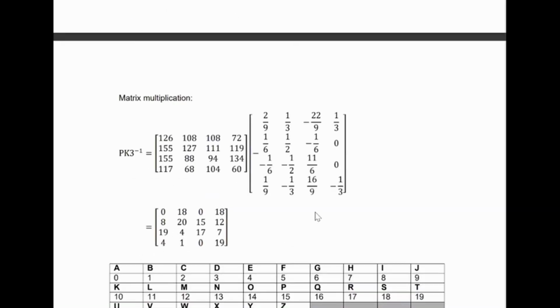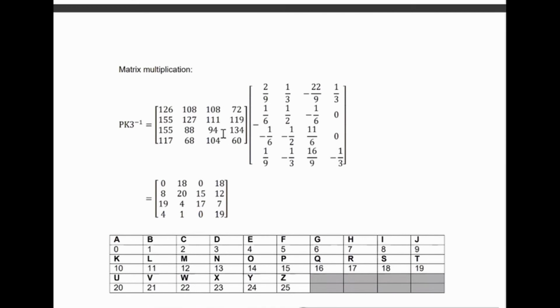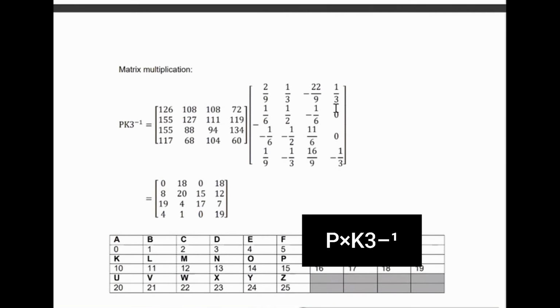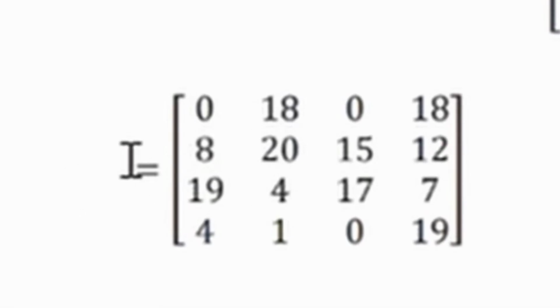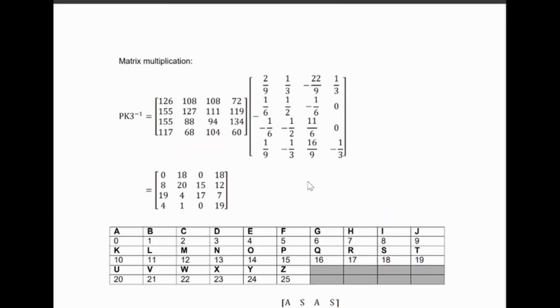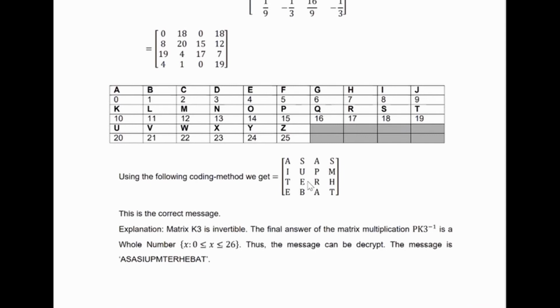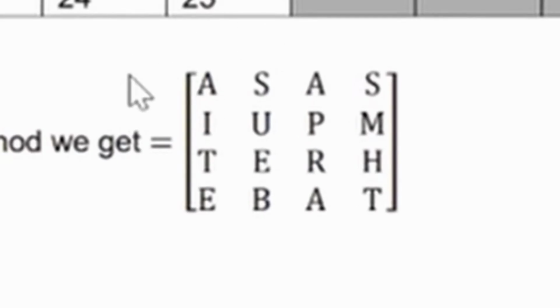Then we multiply P with the K inverse that we just saw until we get this answer, which is M. Then we decrypt the message using the alphabet, and we will get Asasi UPM terhebat.